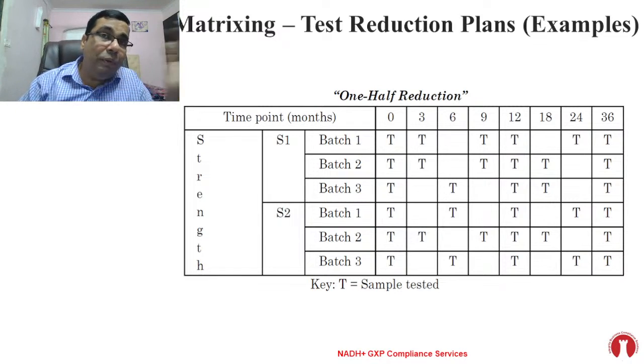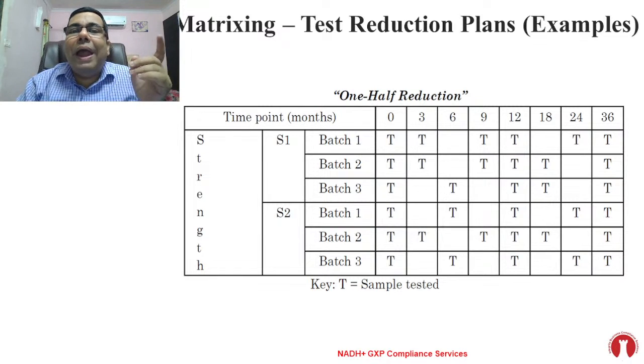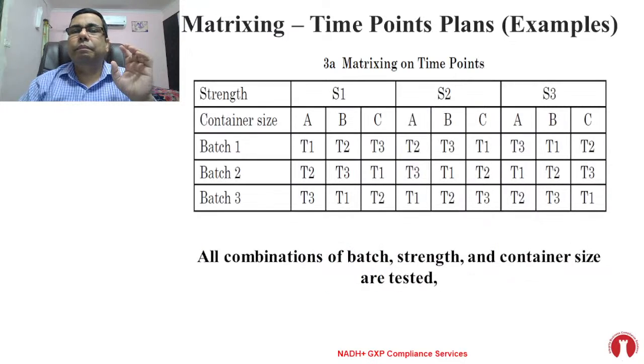Again, I went to the previous slide. At 3 months, I am testing batch 1 and batch 2 of strength S1. I am skipping the test for batch 3. Correct? Then I have to go to some other place where I will perform the testing. Hope you got my point. The same logic you need to apply, so that all the testings are covered.